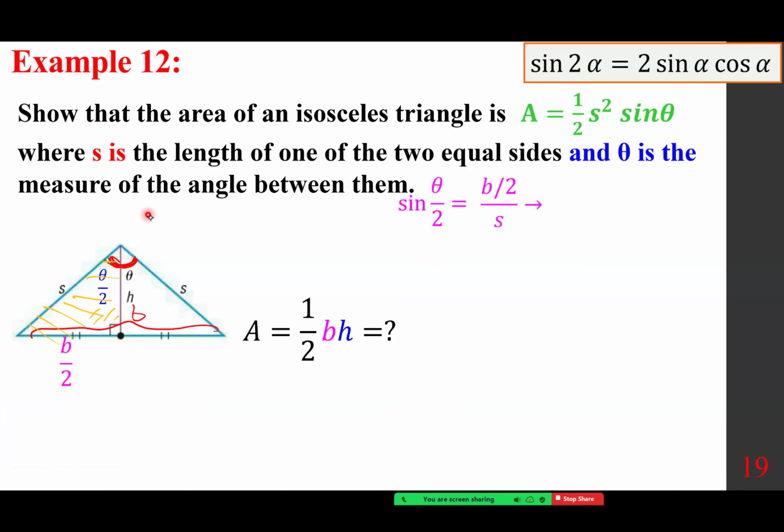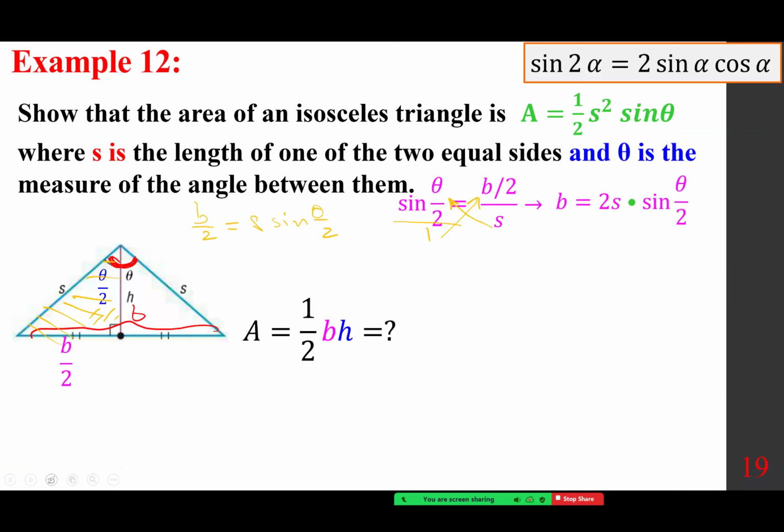So I can multiply this one by s and then by 2, and b becomes 2s sine theta over 2. I hope you can see that. B over 2 is the product of these two. Multiply both sides by 2. So that's b.